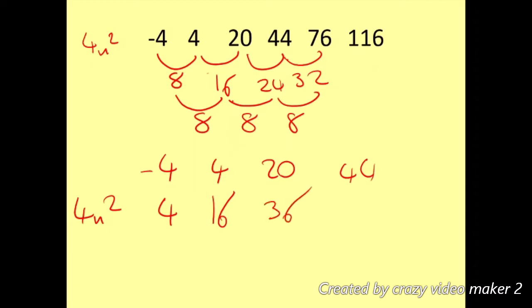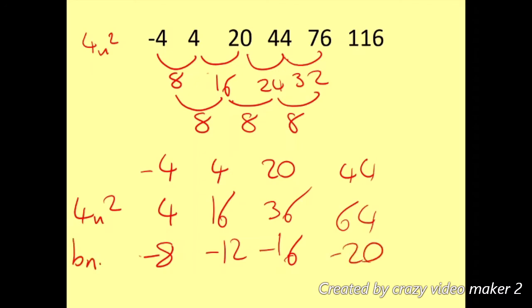And 4 squared is 16, times 4 is 64. Let's take it away. Minus 4 subtract 4 is minus 8. 4 minus 16 is minus 12. 20 minus 36 is minus 16. And 44 minus 64 is minus 20.